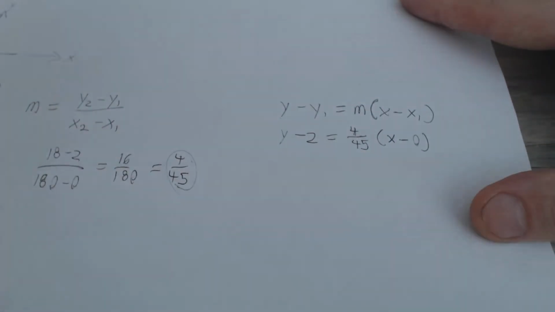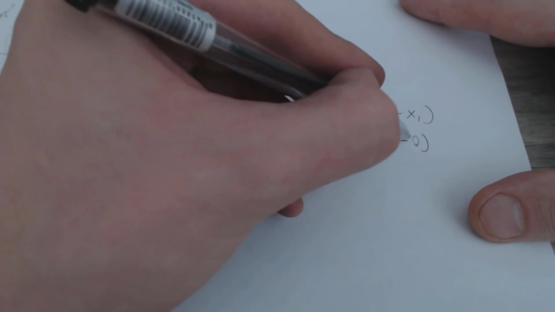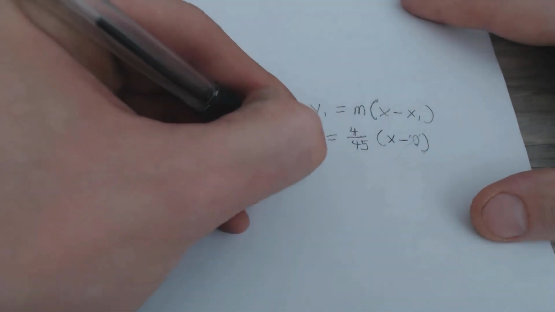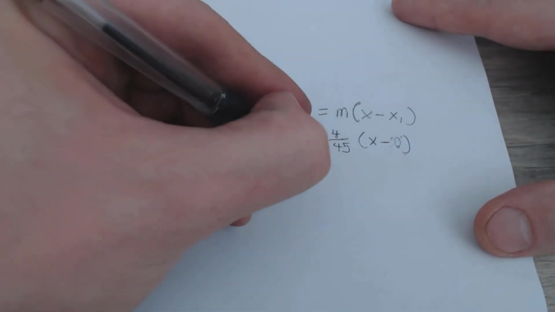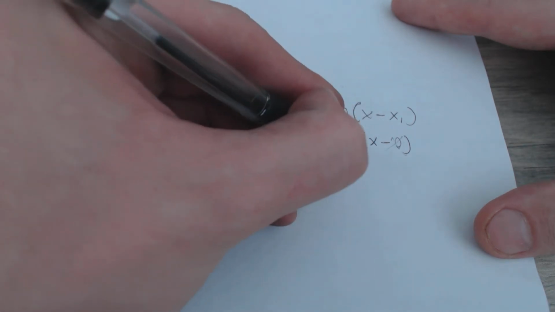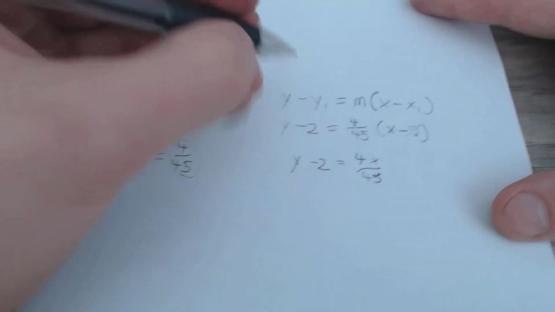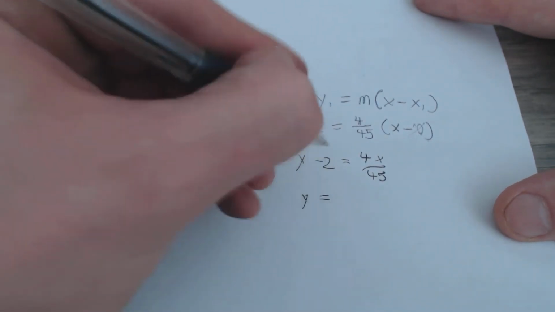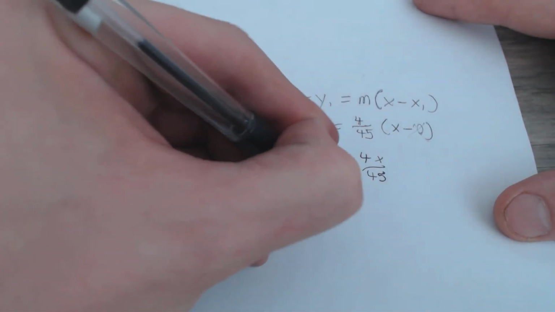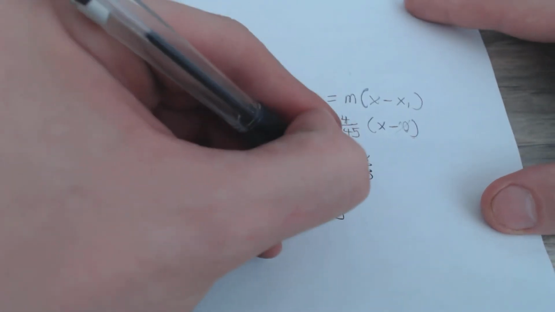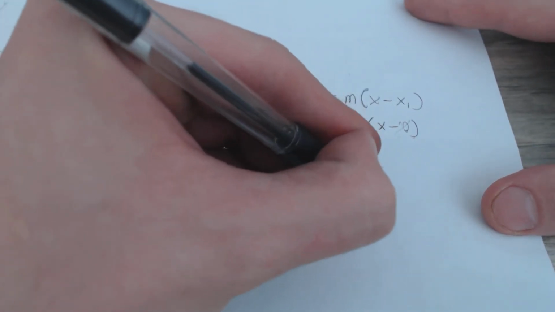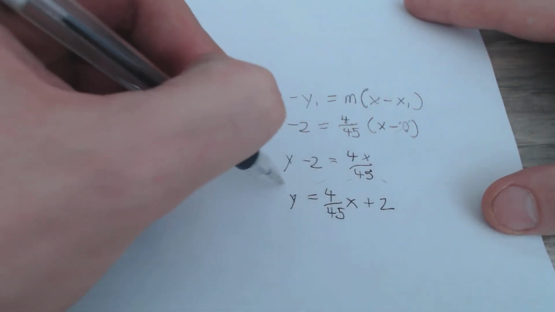Okay, so this math's fairly straightforward, or this 0, I can just forget about it, right? So I have y minus 2 is equal to 4 over 45 x. And then I can add the 2 across to get, I think I'll just rewrite it like this, I prefer that, y equals 4/45 x plus 2. So this is the equation of my line right here.